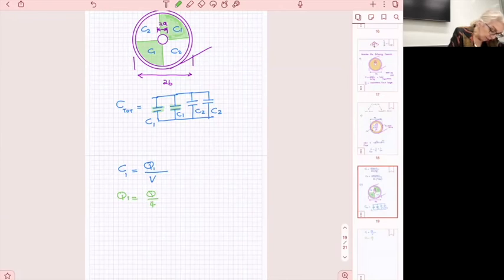Then in this case, you're going to find, since V is constant, that your C1, since it's going to be with the dielectric, is going to be Q over 4.